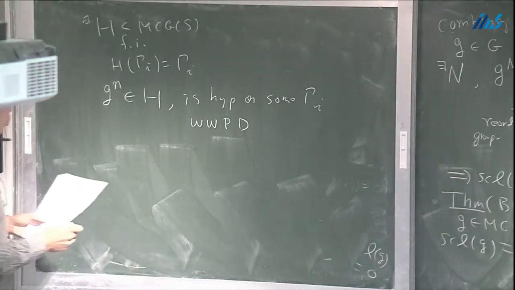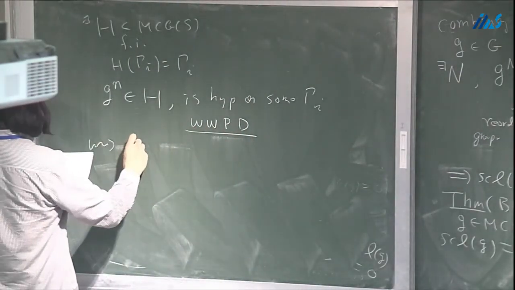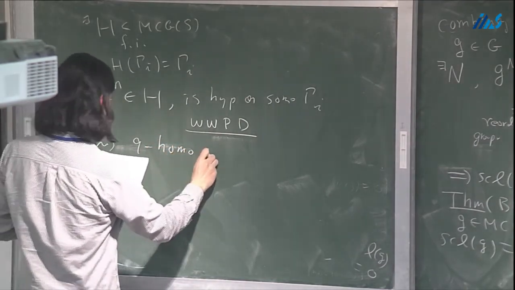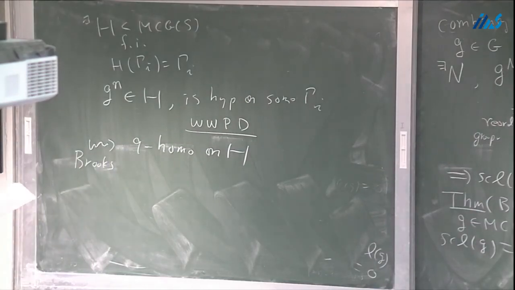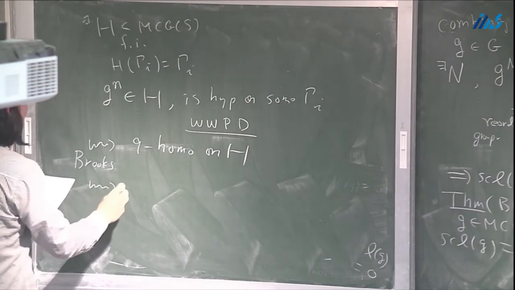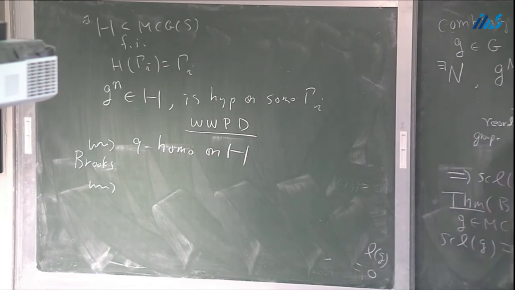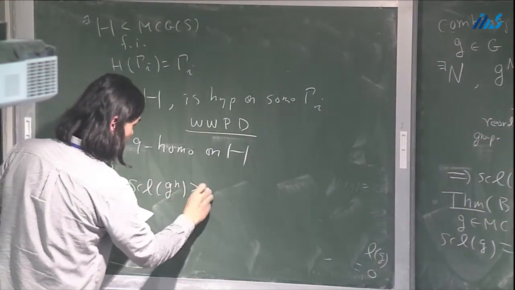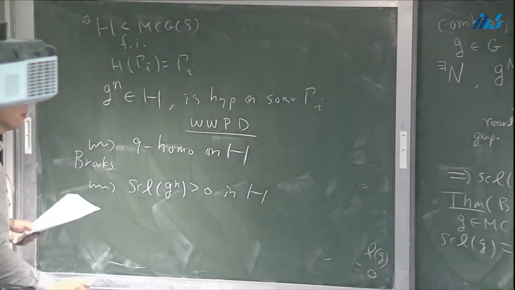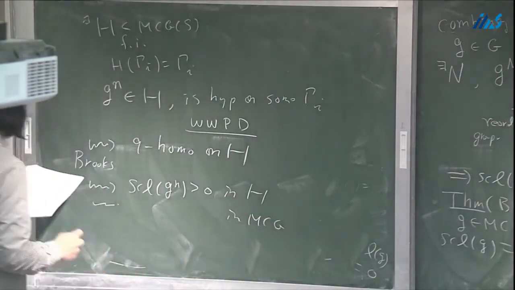This is something we defined and proved, and with this assumption, you can produce a quasi-homomorphism on H. This is a standard Brooks-type argument. If G doesn't satisfy this star condition, then you prove that the stable commutator length of G to the n is positive in H, but then you argue a little bit more, and it's positive in the mapping class group of the surface.